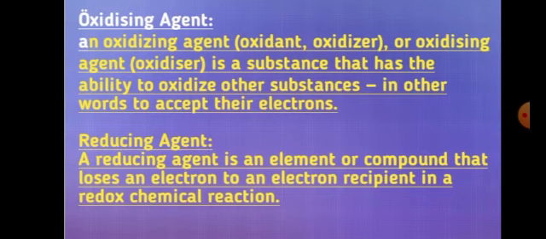That is, I said that where reduction happens, that substance is going to be your oxidizing agent, and where oxidation takes place, that particular substance is going to be your reducing agent. So a reducing agent is an element or compound that loses an electron to an electron recipient in a redox reaction. So a reducing agent, it loses electrons. Fine. So that is your reducing agent.